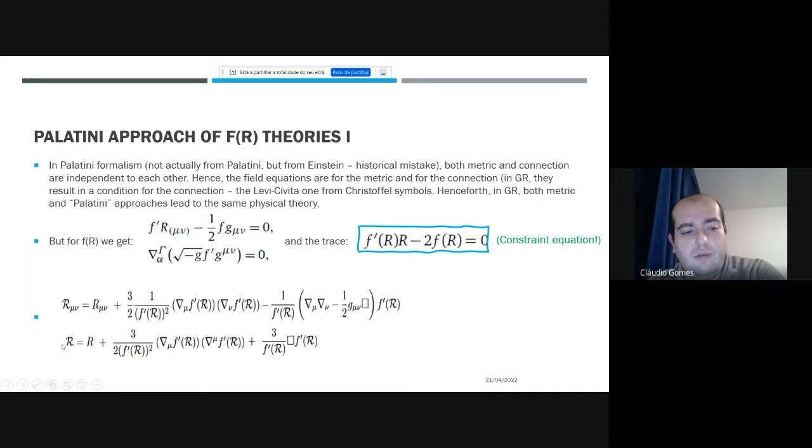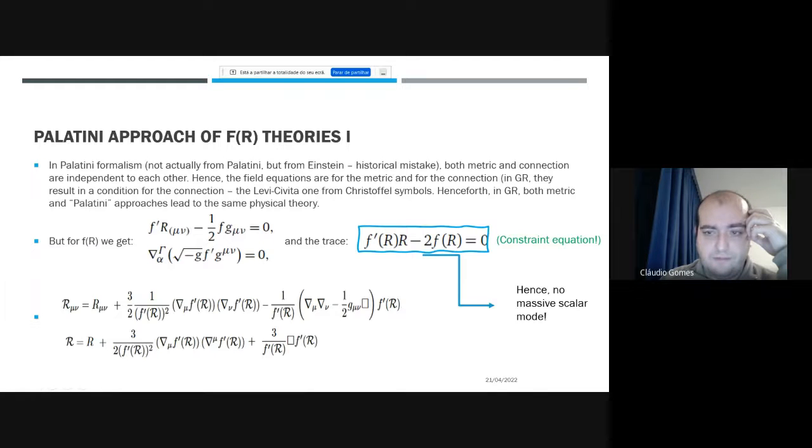So the scalar curvature is the Ricci scalar plus some further terms. Okay, this is interesting because this is a tensor curvature, this is a scalar curvature, and usually they are the same as the Ricci tensor and the Ricci scalar, but as we have seen, in general in f(R) theories, they have extra terms which relate them to each other.